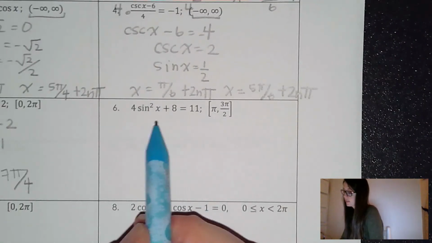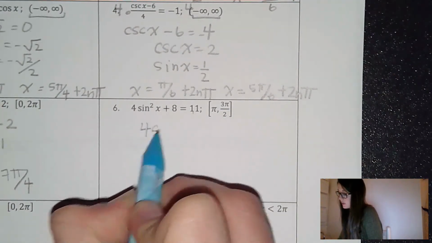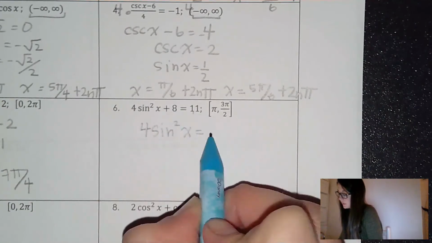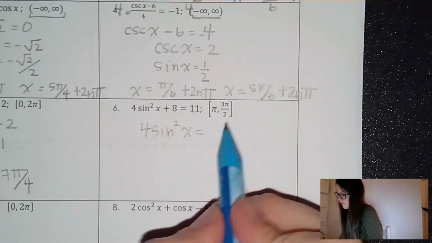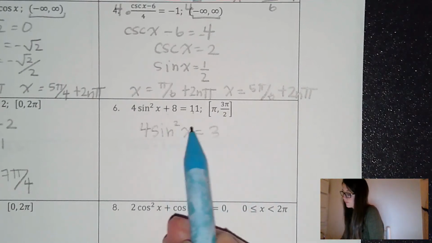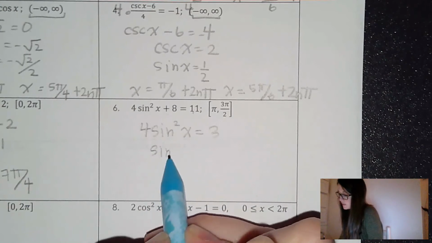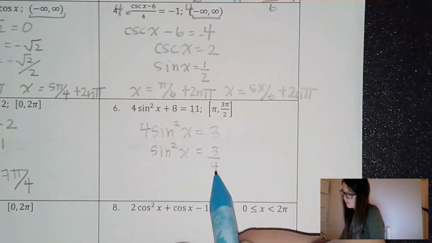So number 6, if I subtract my 8, I'm going to be left with 4 sine squared x is going to be equal to 11 minus 8, which is your 3. Divide both sides by 4, so you're going to be left with sine squared x is equal to 3 over 4.